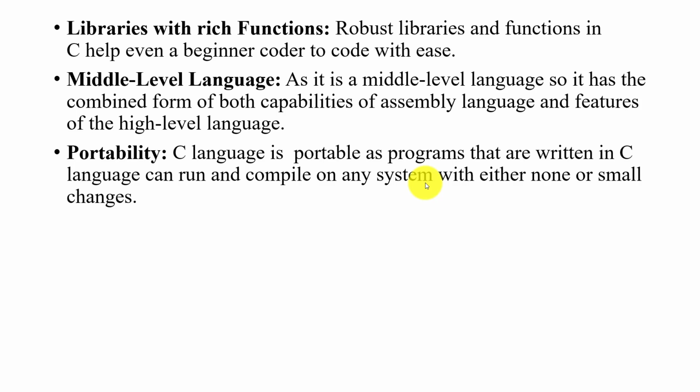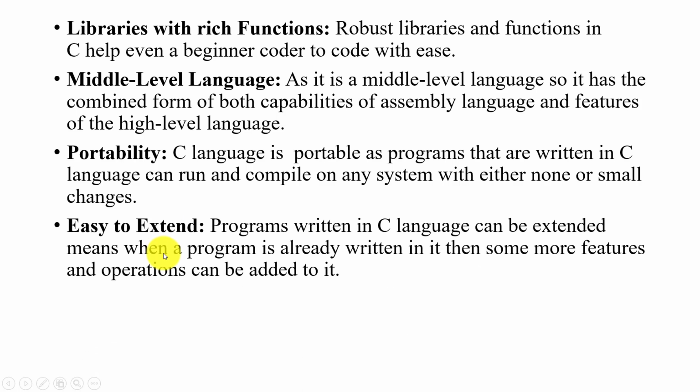So we can compile the C program on any system with either no changes or small changes. That's why it's called portable, or it follows portability. Now what is easy to extend? As we know, C programming is a procedural language, and it can be extended, meaning a program is already written with some features and we can add operations, because step by step instructions can be added into C programming.